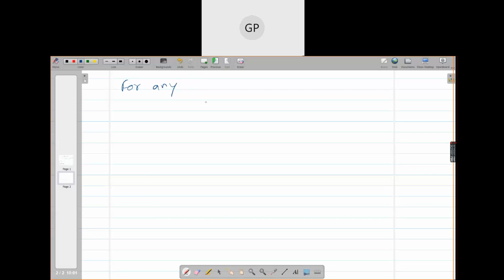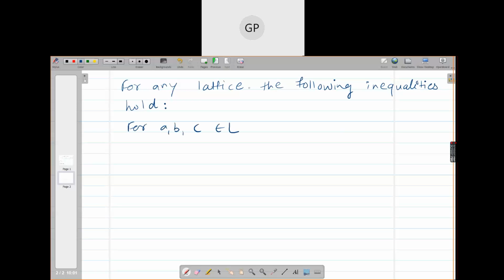So in any lattice, the following inequalities hold. Please write it down. For A, B, C belonging to L.